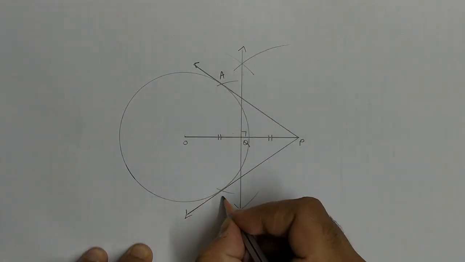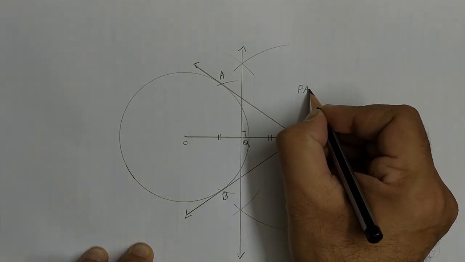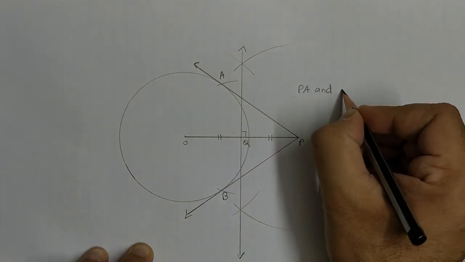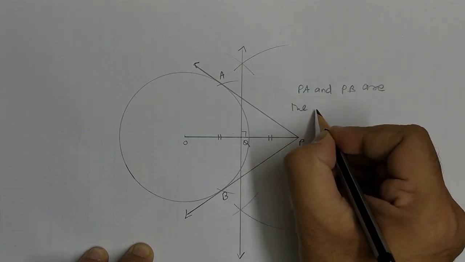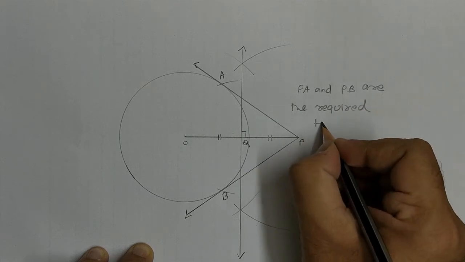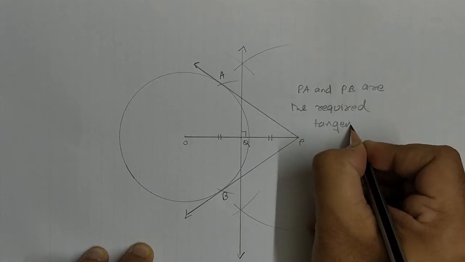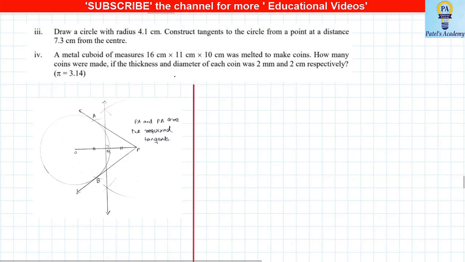Let me name the points as A and B. So the footnote will be PA and PB are the required tangents. Okay. So I hope all of you have understood how we do the construction.